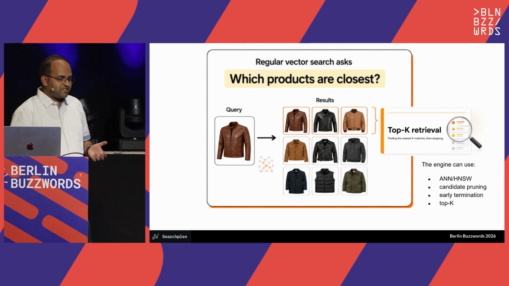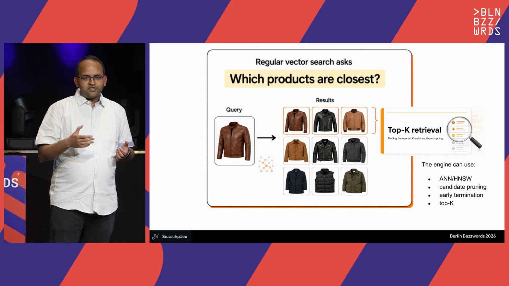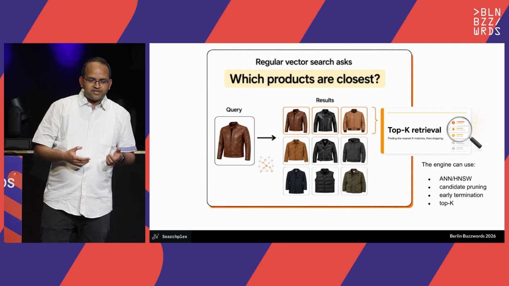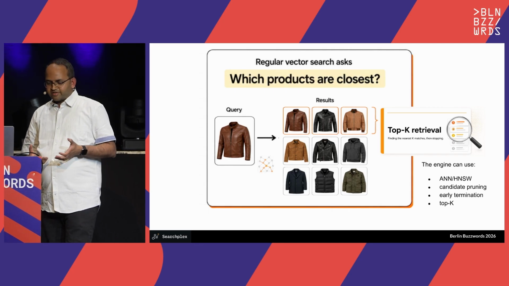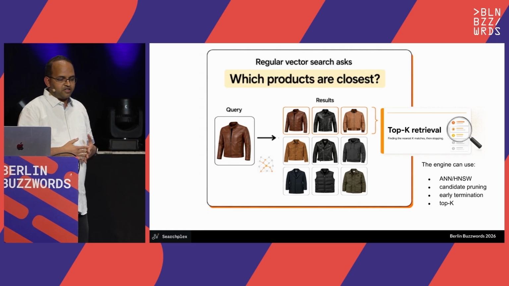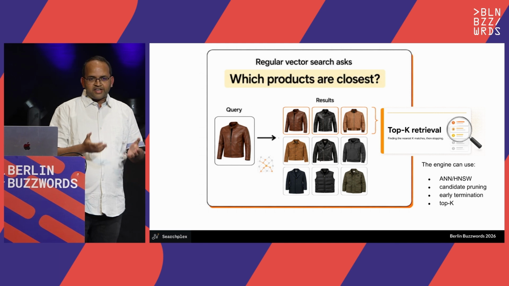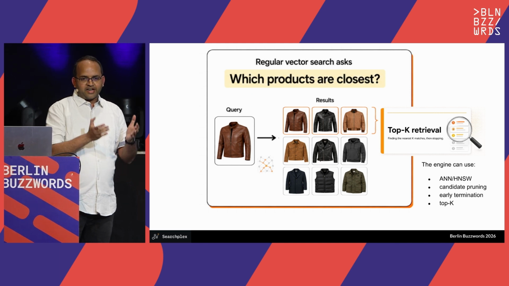And in these kinds of systems, there are multiple tricks that the engine employs to get you the best closest matching vectors. But in the end, you are really getting the top K.